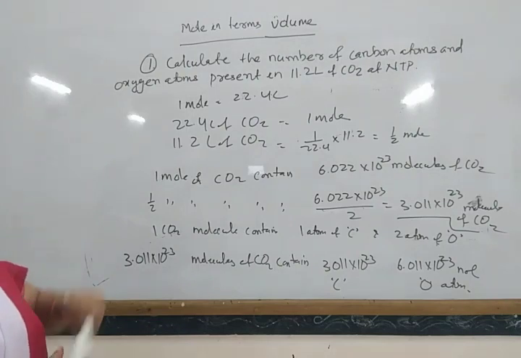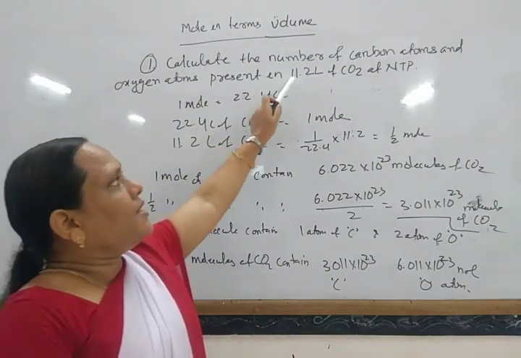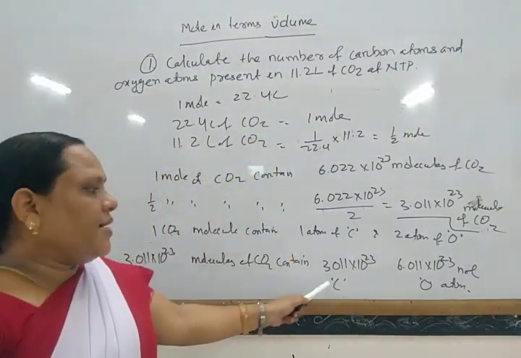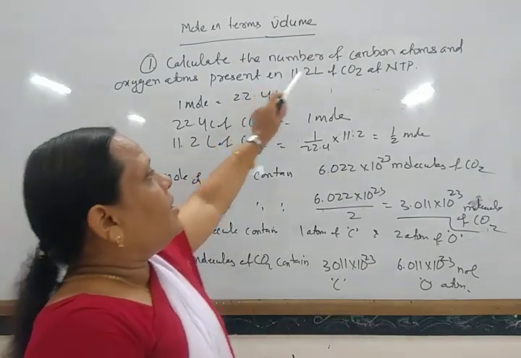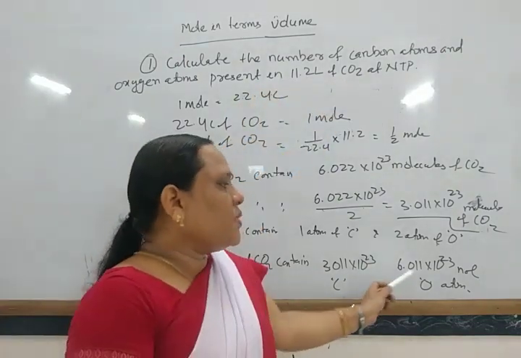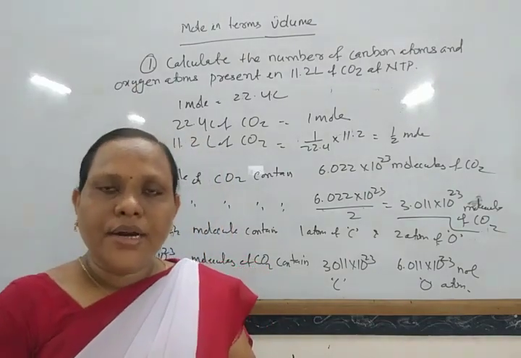So the number of carbon atoms in 11.2 liter carbon dioxide is 3.011 × 10^23 and the number of oxygen atoms is 6.022 × 10^23.